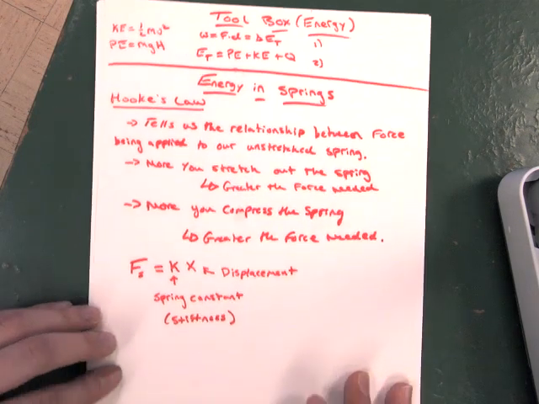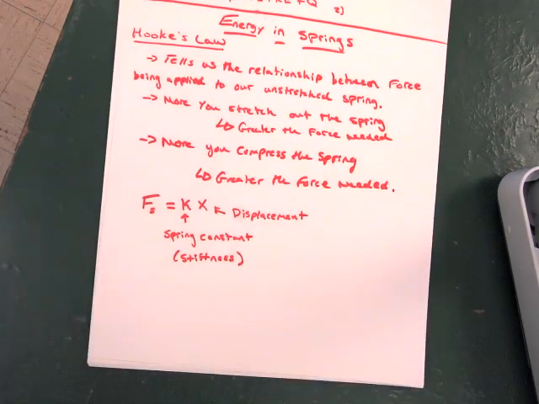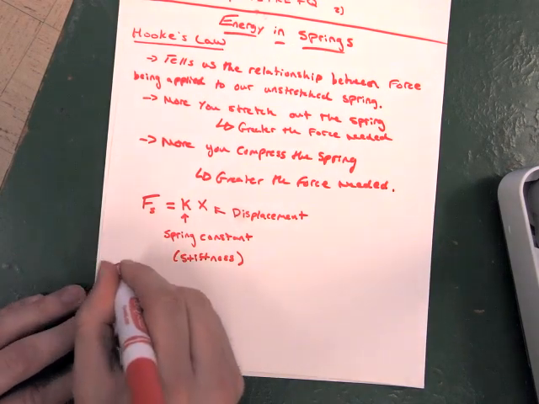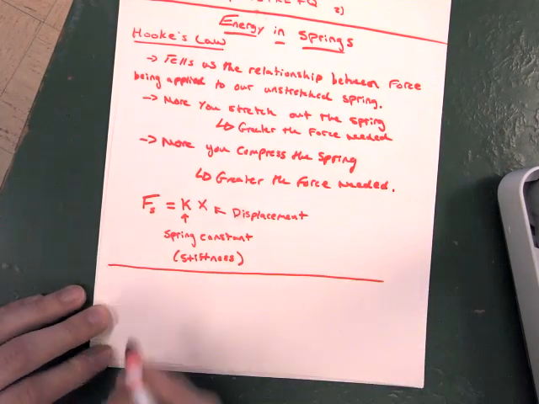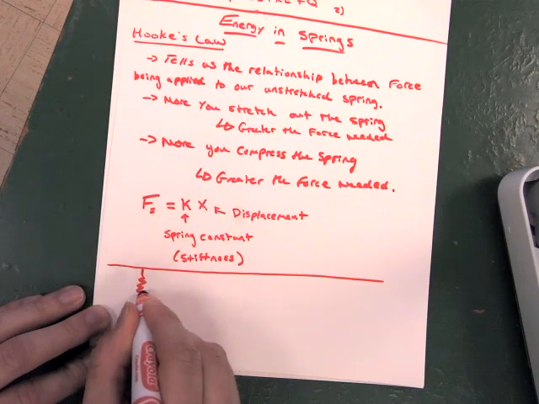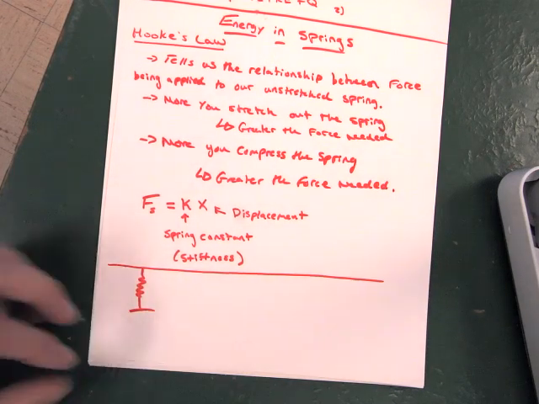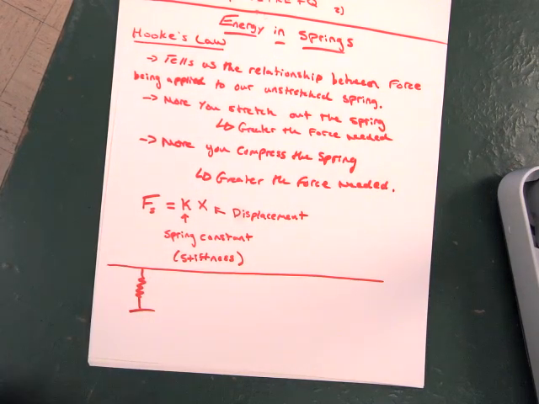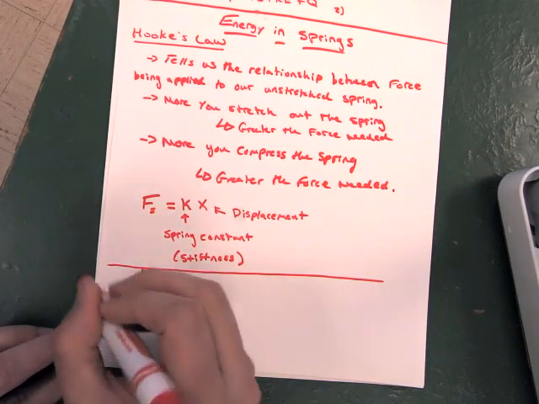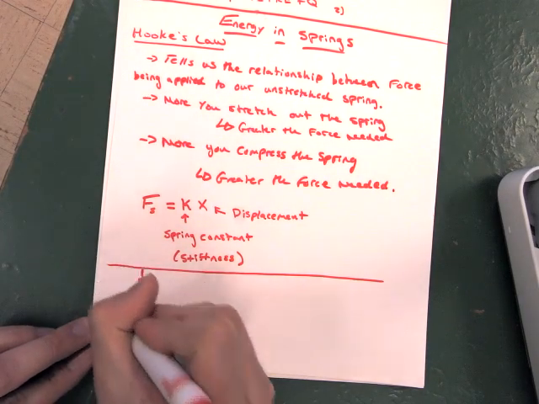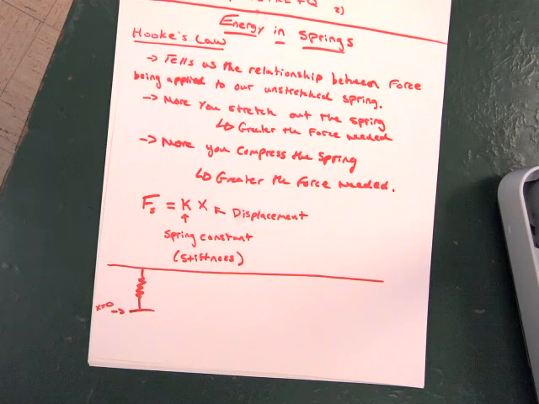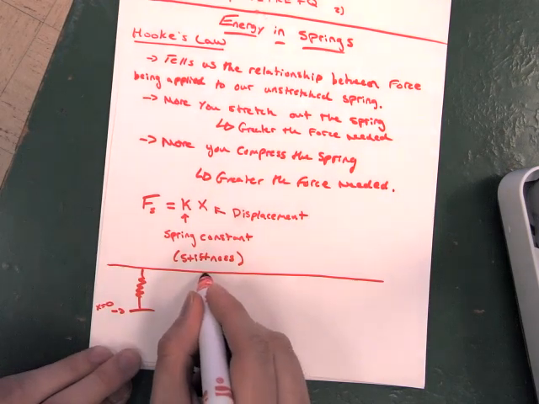So let's see a little diagram of what we're going to be dealing with. Pretend this is a ceiling. I'm hanging a spring down from the ceiling, and our spring is just sitting there. This position we call equilibrium. So we're going to say that this is when x is equal to 0. Say I put a mass on that spring.